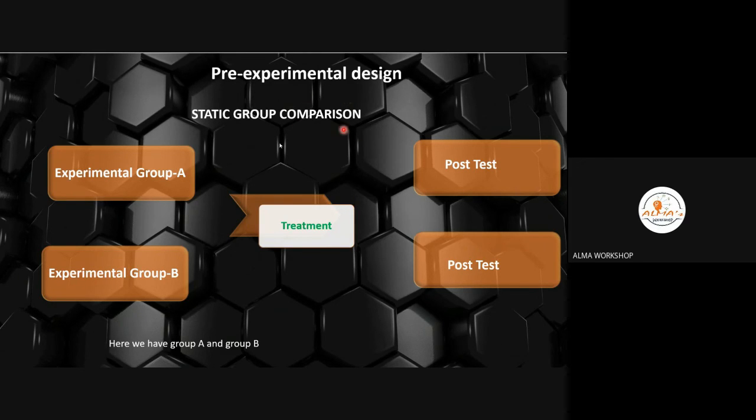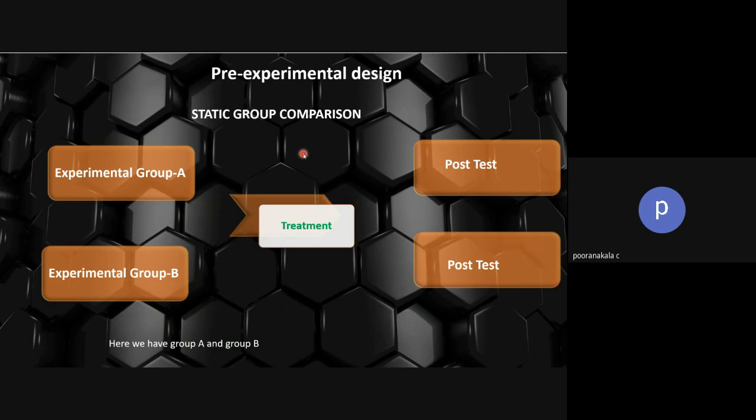For static group design, you can always have two groups, class A and class B. You can have a treatment. Give them some calculus lecture through blended learning or something, give them a post-test. For group A and group B, calculate the mean and find out whether group A is doing better than group B. That's it.